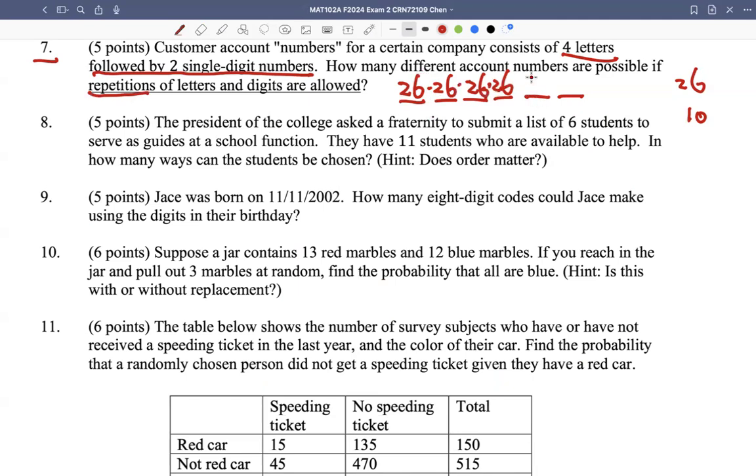For the digits, we have 10 digits to use from 0 to 9. Because repetition is allowed, we have 10 choices for this spot and 10 choices for this spot. Then we just multiply them, by the counting principle. Each category has this many choices, and in total we multiply how many choices we have. So now we have 26 raised to the 4th. So let's use our calculator.